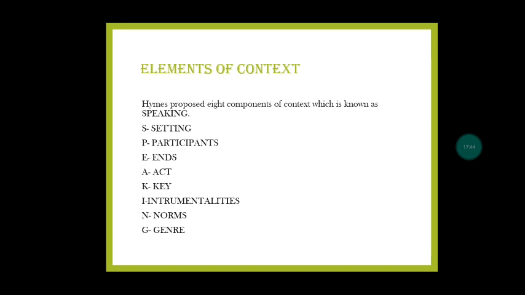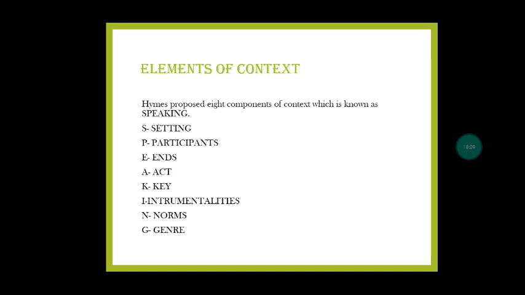Now, K refers to the tone of a speech act. And instrumentalities include the channel used to perform a speech act, like the method of communication, either spoken or written.